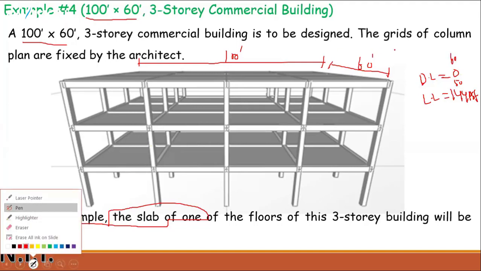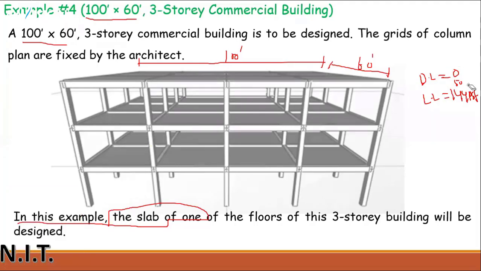But in this example, I didn't provide the dead load. Only live load is given, that is 144 PSF. So dead load means the self weight of the structure. Dead load is the self weight of the structure. The existing value of dead load is not available, so it will be the self weight of the structure.